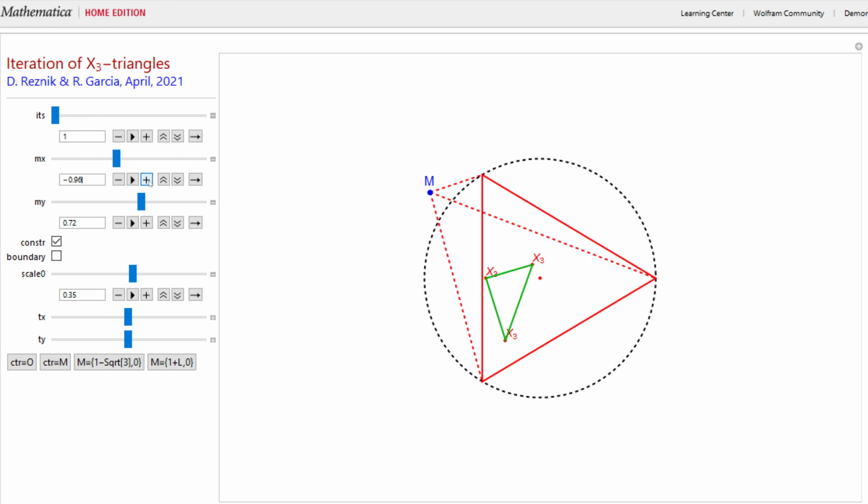As I do that, the 3 subtriangles start becoming triply inscribed on the original circumcircle. So when M is exactly on the circumcircle, these 3 triangles are going to share their circumcircles with the original triangle, in such a way that the 3 circumcenters are going to start collapsing to a point that coincides with the original centroid. So you can see that collapse going on.